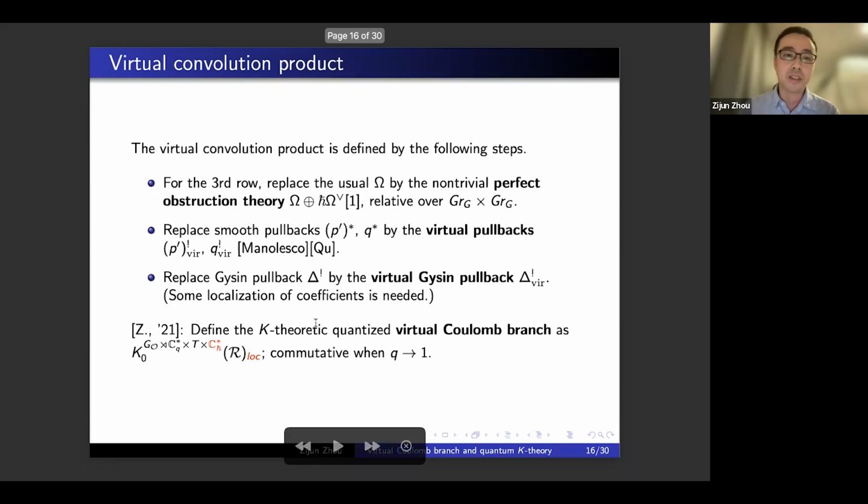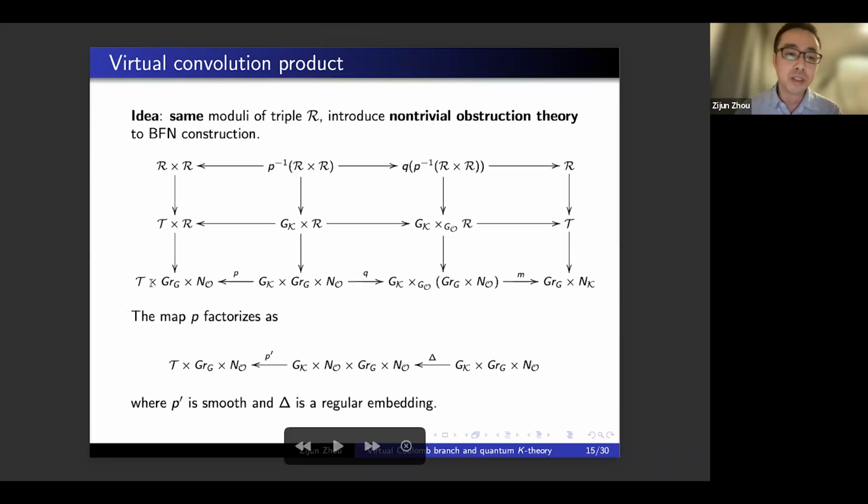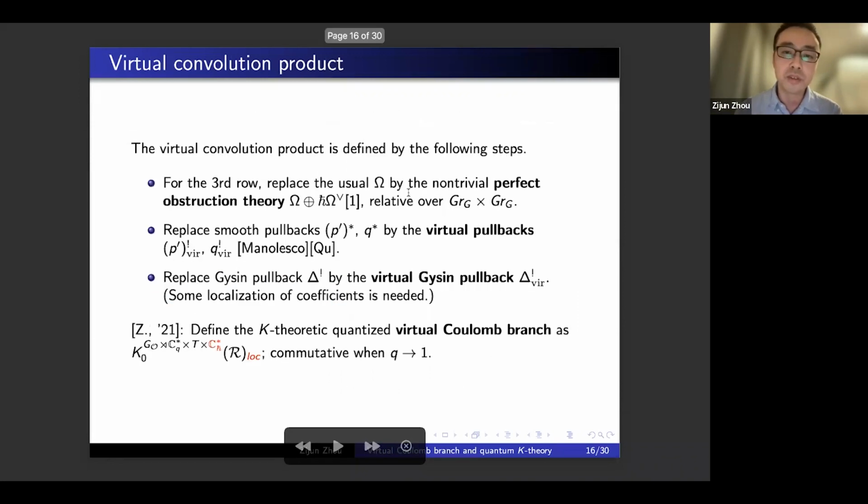So the idea is that we need to put some non-trivial obstruction theory. All spaces in this third row are smooth over the affine Grassmannian times the affine Grassmannian. So in particular, their cotangent complex is just the cotangent bundle.